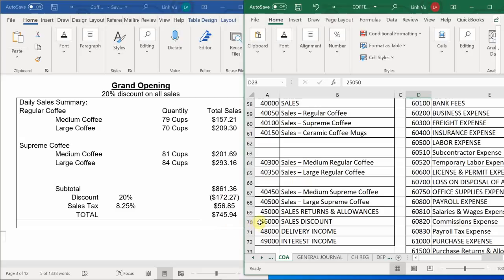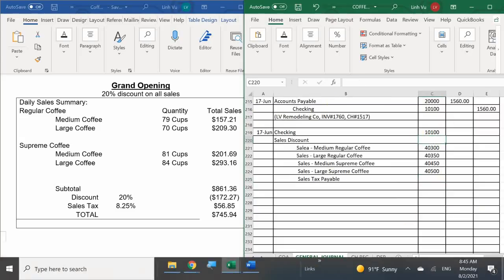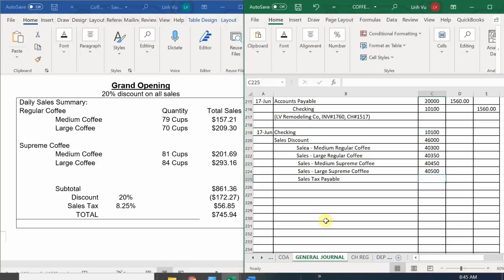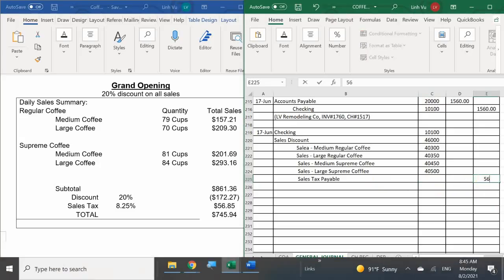Okay. And then what is my sales tax payable? $56.85. Okay, $56.85. But what about my account number? Oh, from the chart of accounts. Okay, hold on.